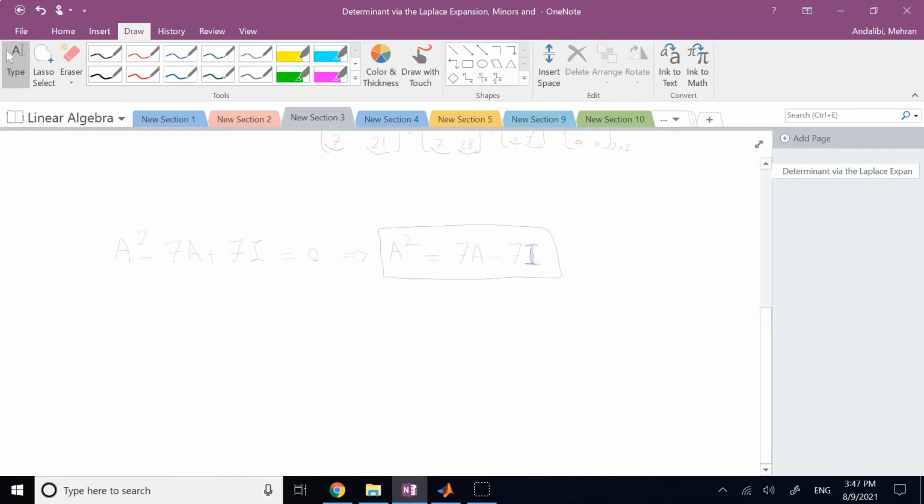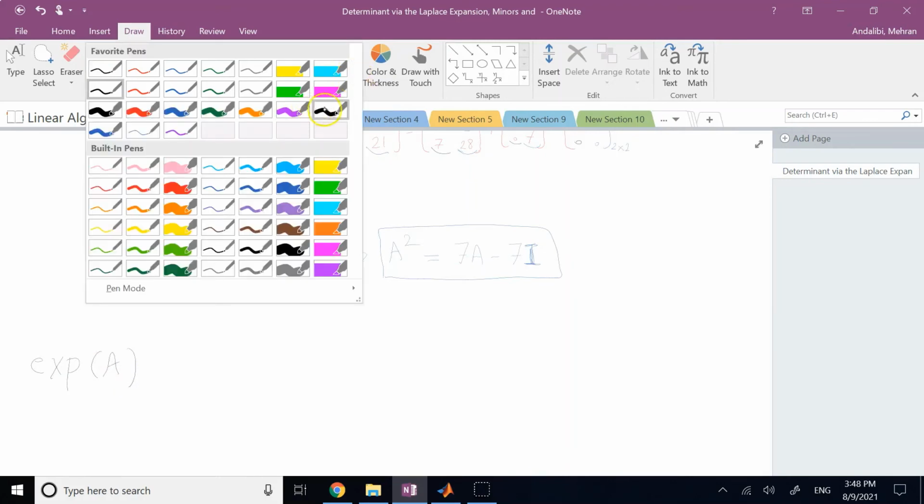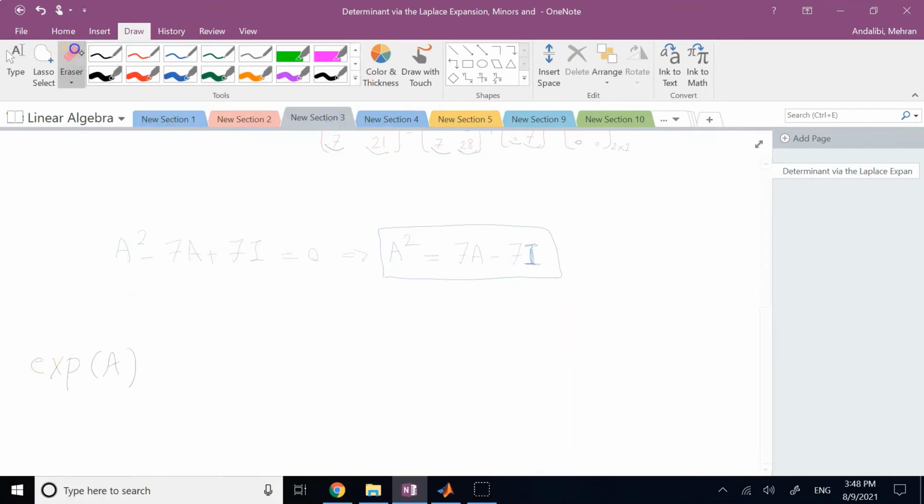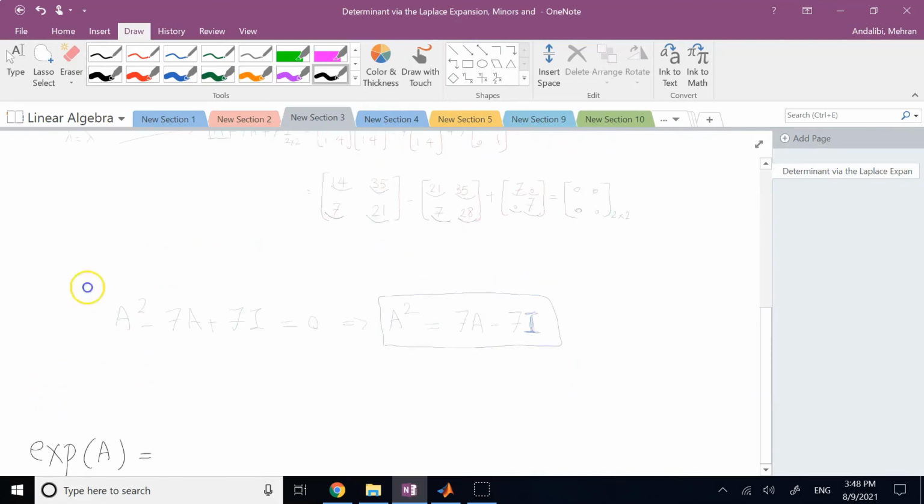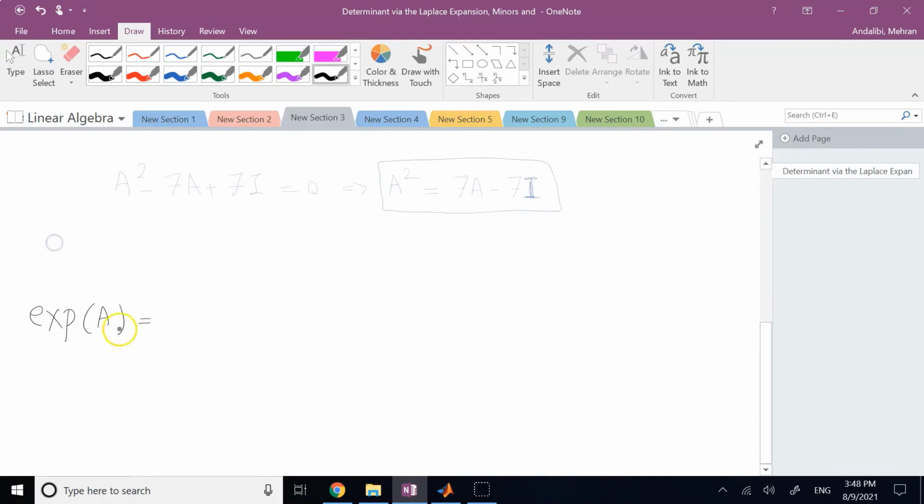Still, what's the point? Well, now I'll tell you the point. So let's say here you want to calculate, for example, the exponential of A. Remember in the first lecture we talked about functions of matrices, right? So if I want to calculate the exponential of A, how do I do that? Well, if you remember, we said it's not like raising the Euler number to each and every one of the entries in A, right? What you need to do for this is to use what? To use the Maclaurin series.